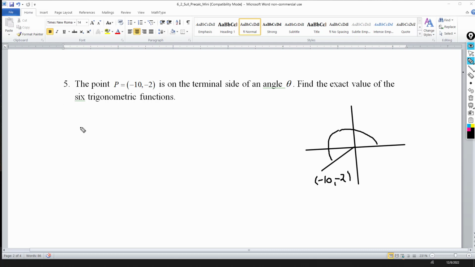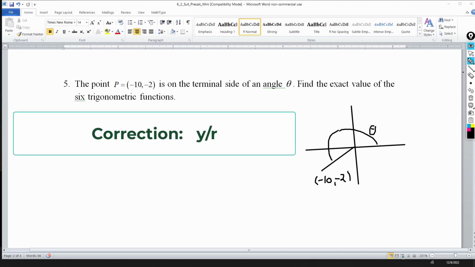So it basically tells you this, that the sine, and this is the angle theta, is the x value.